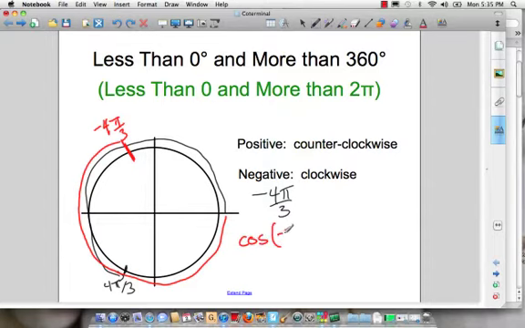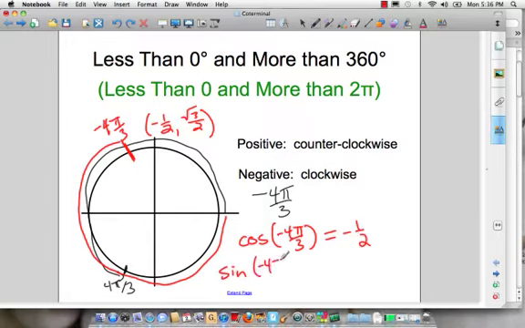The cosine of negative 4 pi over 3, well, that's right here, and the coordinates of that point are negative 1/2, square root of 3 over 2. So the cosine is negative 1/2. The sine of negative 4 pi over 3, well, that's your y-coordinate, which is root 3 over 2.